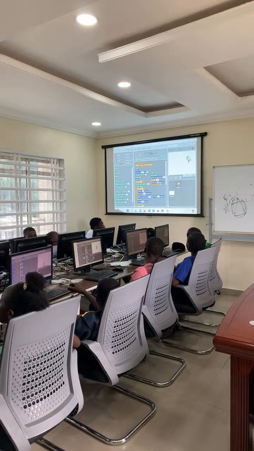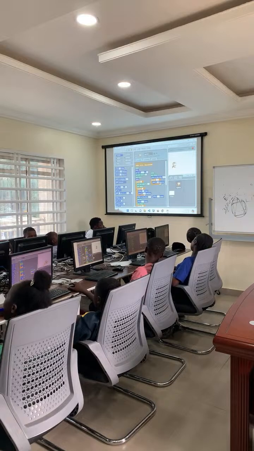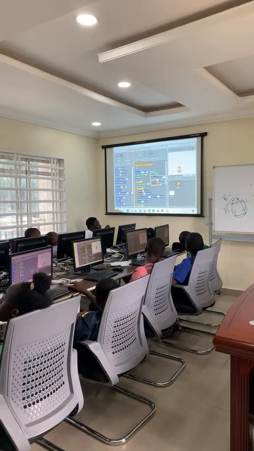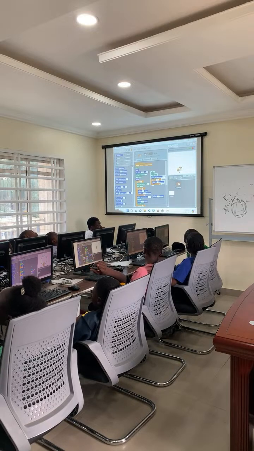Will there be a line? Do you think there will be a line? Okay. Why won't there be a line? Because we are not moving. So even if I run this, it will literally just turn, but it's not moving. It will just turn 1 degree and stay in one place.